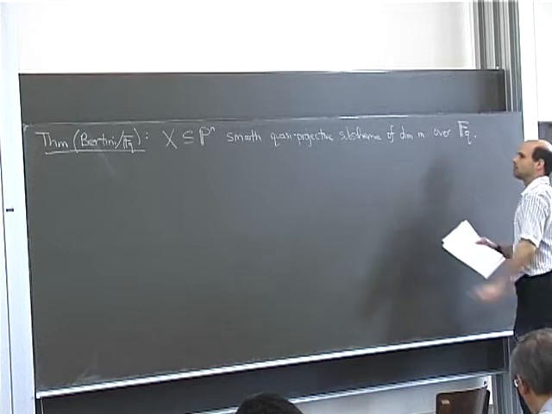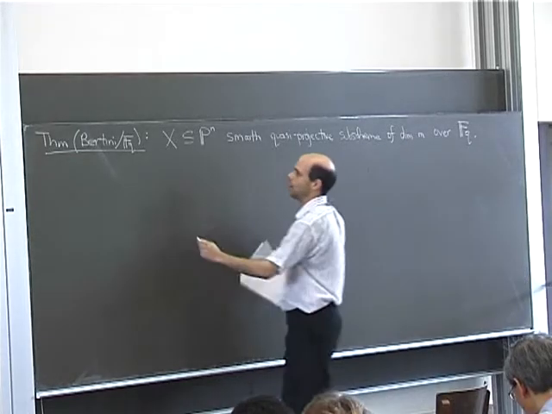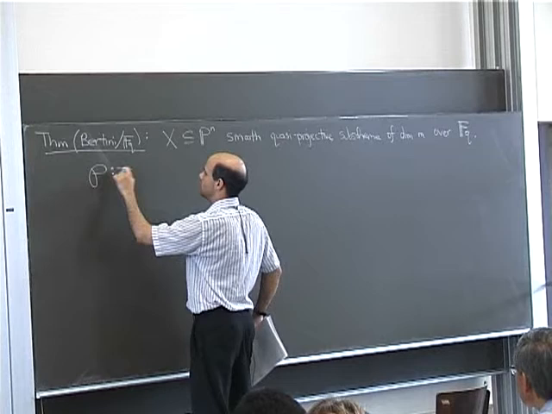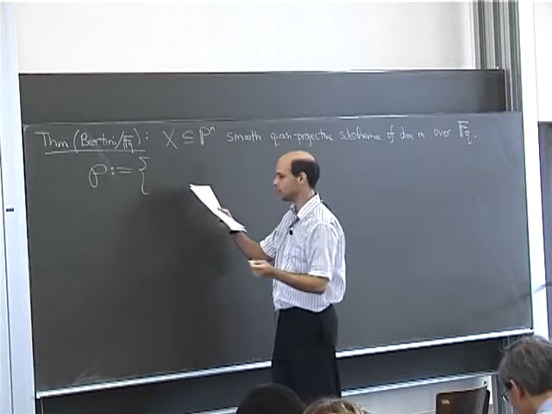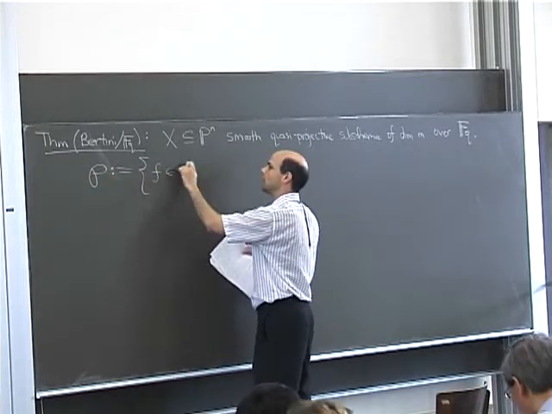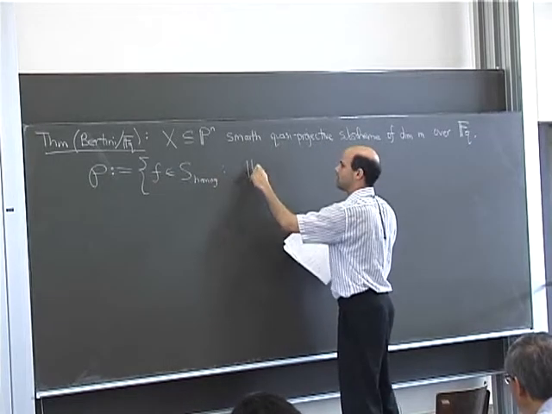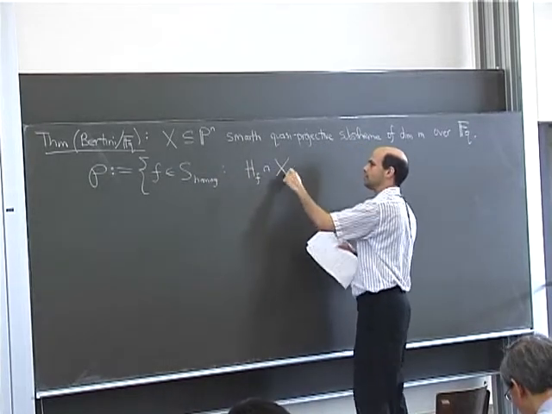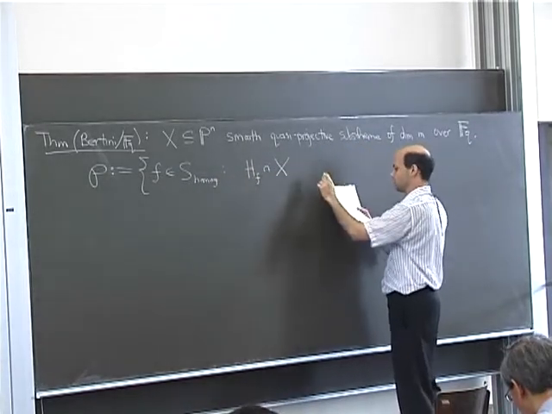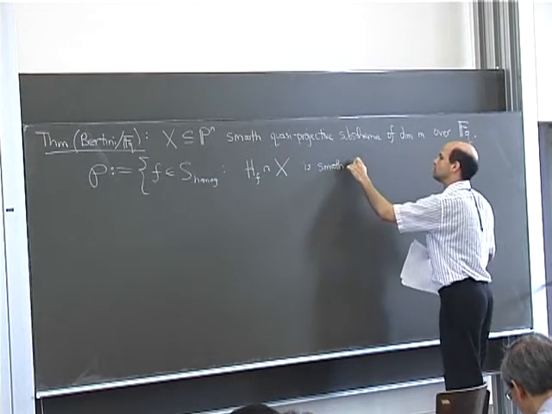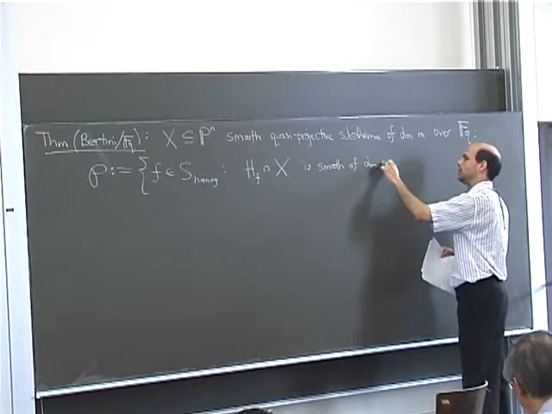Now I'm over a finite field. And the set I want to measure is the set of homogeneous polynomials such that the corresponding hypersurface intersects X smoothly, so that it is smooth of dimension m minus 1.